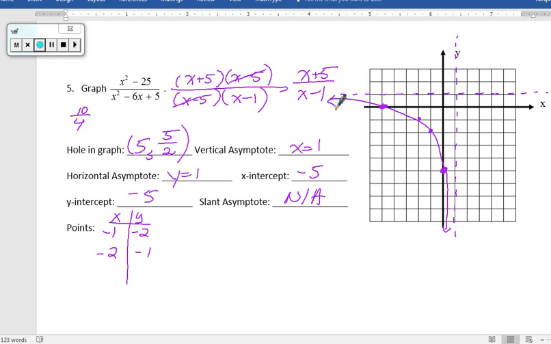You do need to show the points that you're pulling in order to get credit for these problems. And then we have 2, 7, 4, 3. So 2, 7 be way up here off the graph a little bit. 4, 3 would be sitting kind of here. So this guy's going to be scooting in like this.